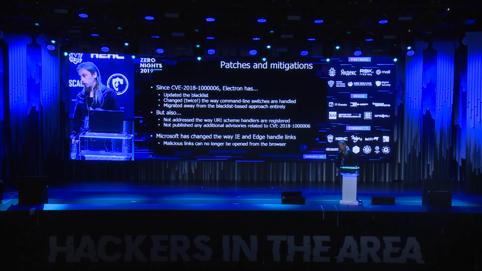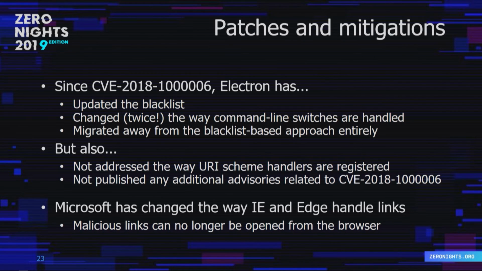Microsoft has also done some things. The major thing that you might notice is that if you try one of my exploits here on an up-to-date Windows 10 machine, you can no longer open any of the malicious links from Internet Explorer or Microsoft Edge, because those no longer allow special characters in URLs.